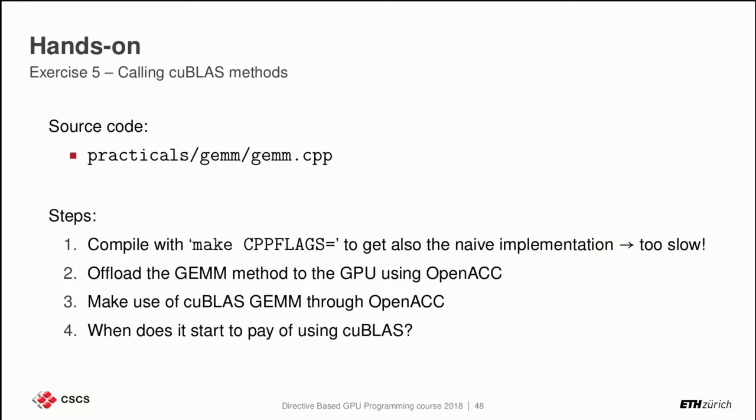There are two kernels. One kernel is just the naive one. It's the matrix multiplication just out of the math textbook, which is unoptimized. Does anybody know why this is quite unoptimized?